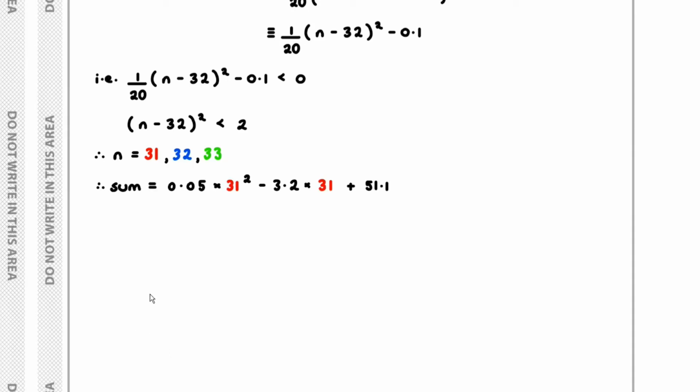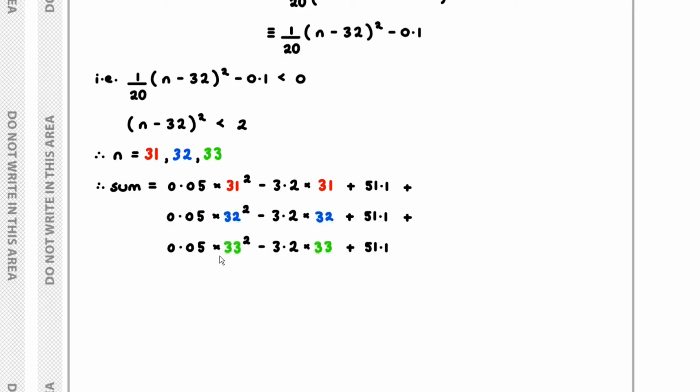So, for the sum, we have 0.05 times 31 squared subtract 3.2 multiplied by 31 plus 51.1, plus 0.05 times 32 squared subtract 3.2 times 32 plus 51.1, plus 0.05 times 33 squared subtract 3.2 times 33 plus 51.1, and this is all equal to negative 0.2.